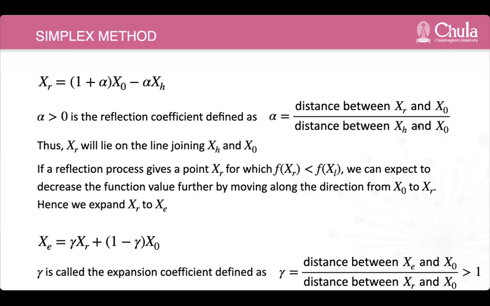What does it mean? It reflects that you project from the worst point through the centroid to the opposite side. Then we have a modified algorithm, with a parameter that defines how far we should go along that vector.